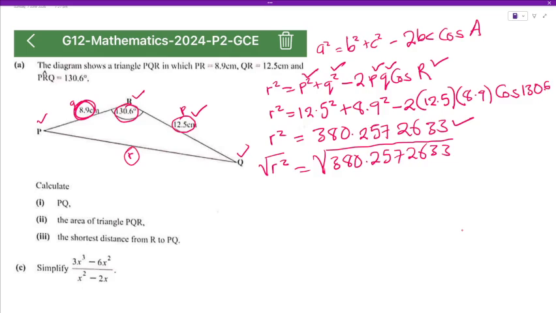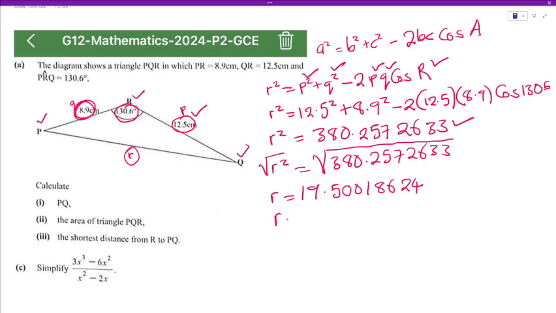So 380.2572633. Okay, so that gives me 19.50018624. So meaning the value of R is 19.50018624.